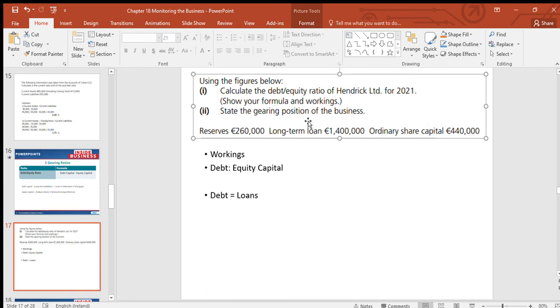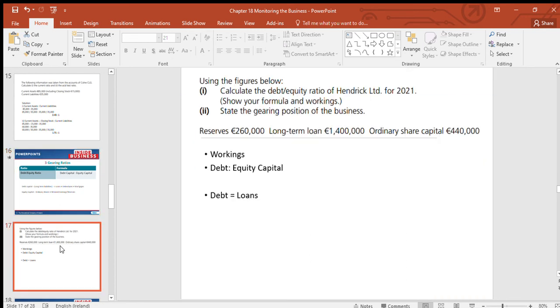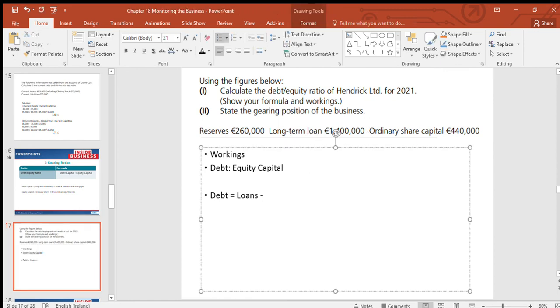So which part of this is my debt? It's my long-term loan. As I said, debts are loans, debentures are mortgages, and debentures and mortgages are basically a loan for a house and a loan from another company. These are all loans. So my debt here is going to be my long-term loan, which is 1,400,000.